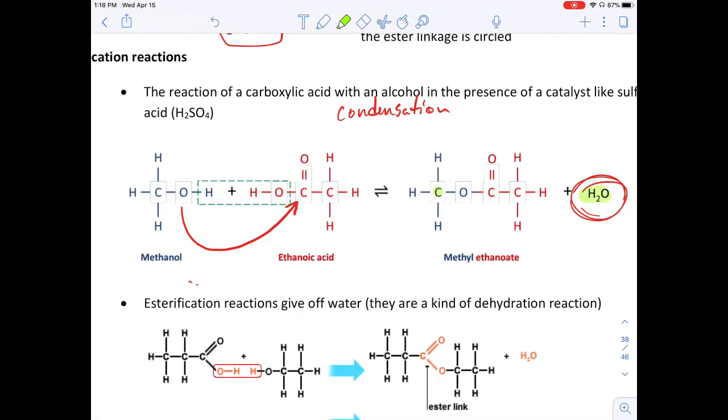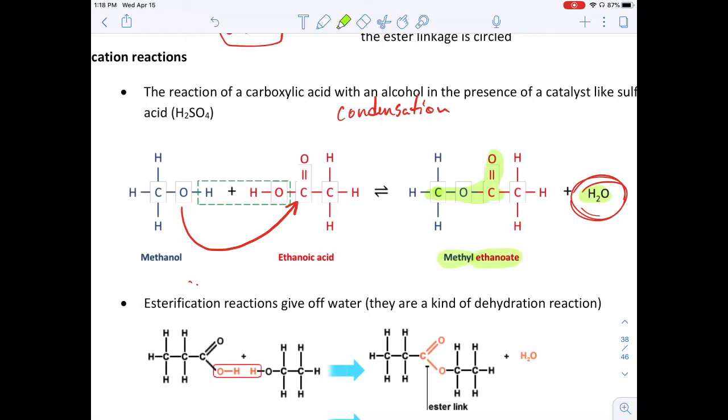So we end up getting this ester linkage in here, and it's from that hydroxyl from the alcohol reacting with the carboxylic acid end. The naming of esters is actually fairly straightforward. It's going to be a branch name and the parent chain ending in -oate. So this is methyl ethanoate.